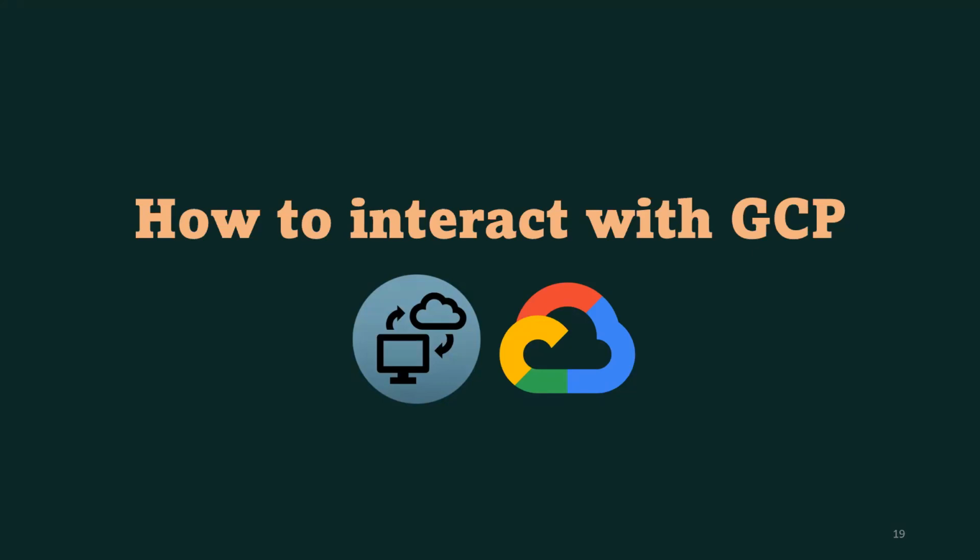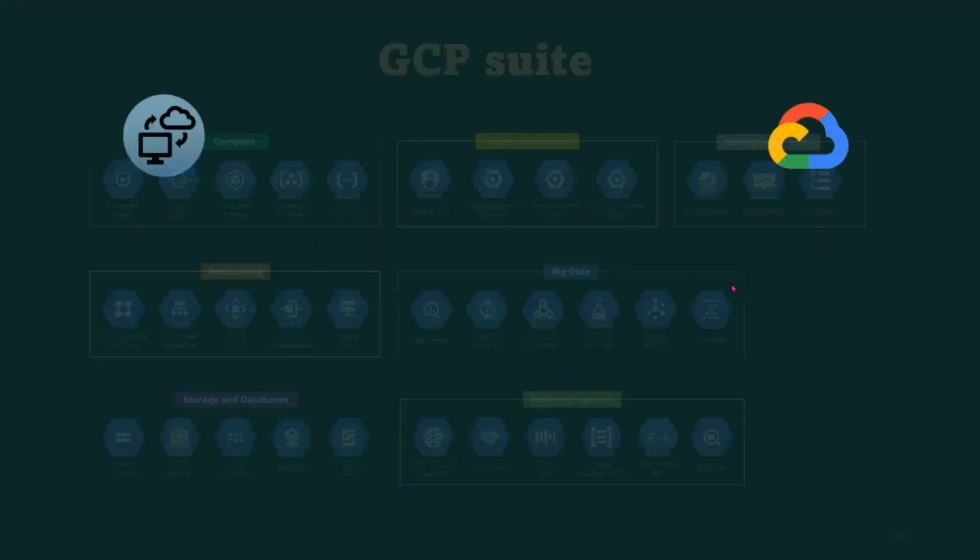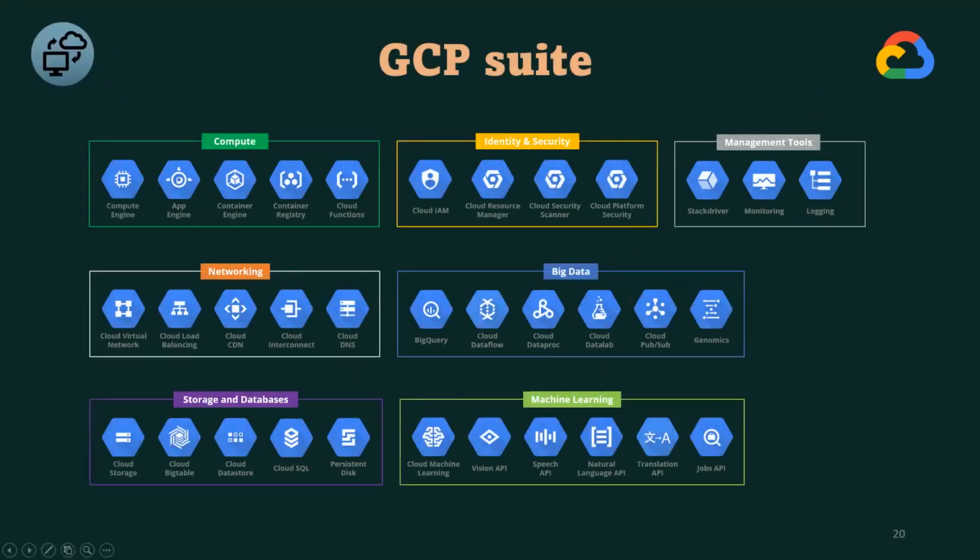Okay, so let me start. We already know that Google provides a service portfolio with compute services, IAM services, networking services, big data services, storage and database services, and machine learning services.